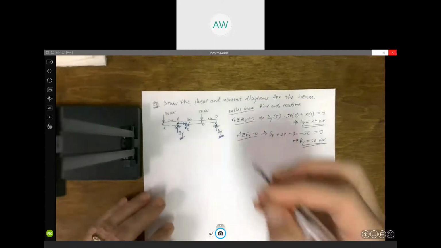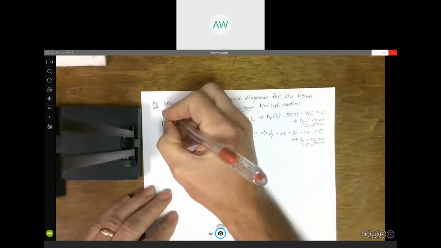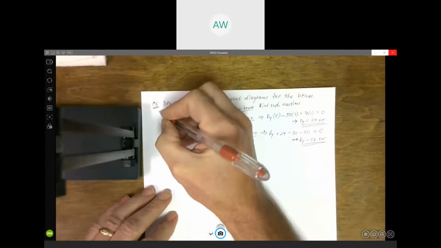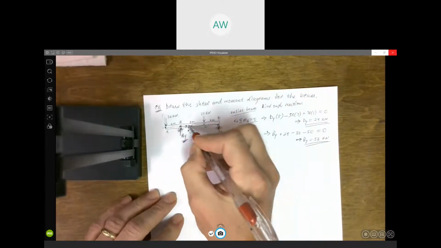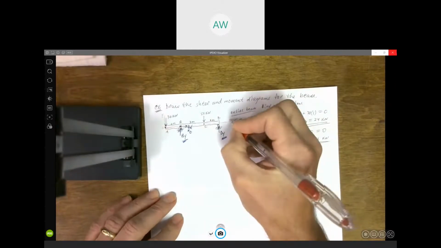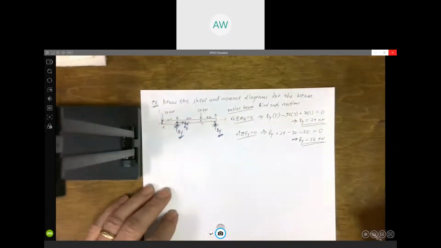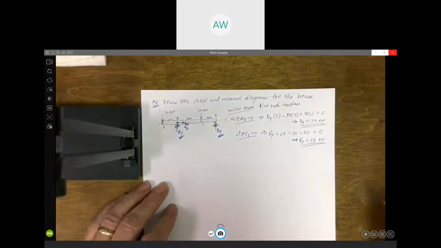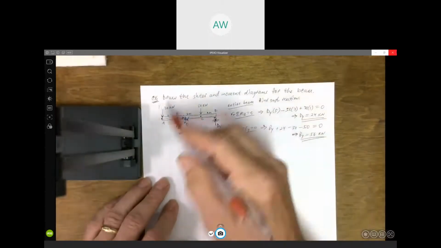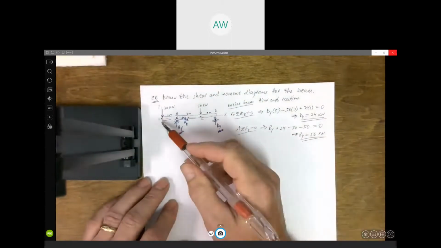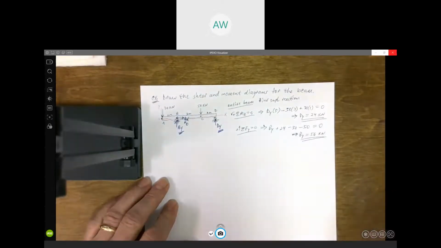Let me put our coordinate system on here, if I can draw a straight line down this beam. That's not real straight, but it'll do. So we've got our xy coordinate system with our origin at this end, and we want an equation for V and M as a function of x.